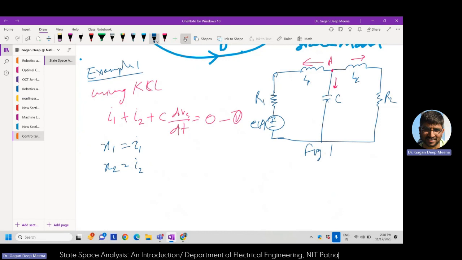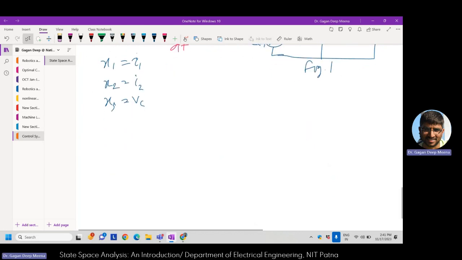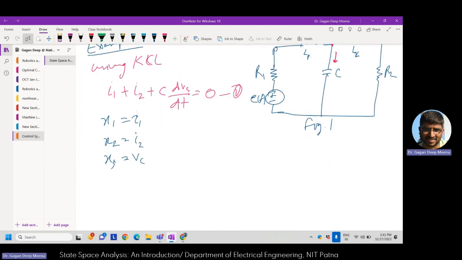So I would say that x3 is Vc. So the change in Vc will be the differentiation of x3, so dVc by dt will become dx3 by dt, and that will become my first state variable in this particular equation 1.